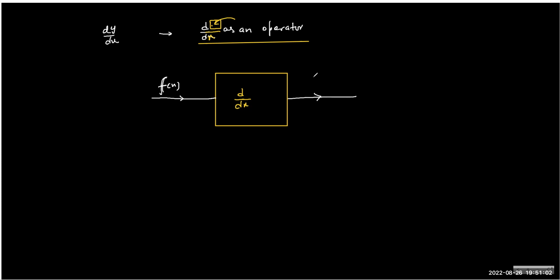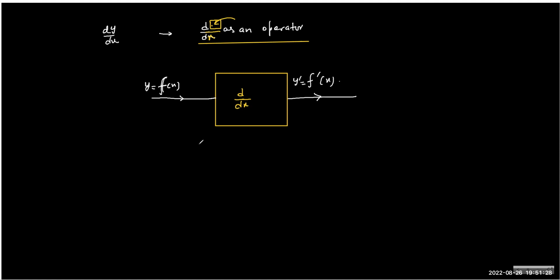Now in the language of mathematics, we write this output as f dash x, which is an easy way of writing. There are many ways of writing. If you call this y equals f of x, sometimes we also call this y dash. So operator is like a mathematical symbol.